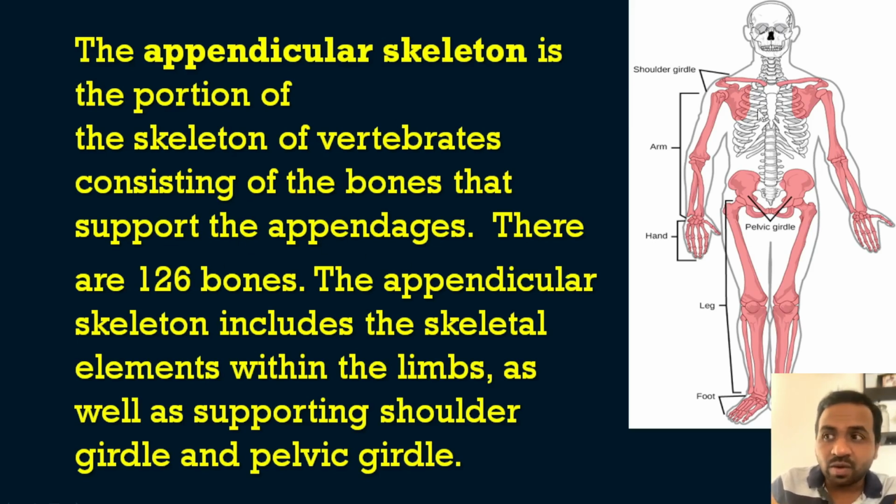There are a total of 126 bones in the appendicular skeleton, which includes the skeletal elements within the limbs, that means the upper limb, the lower limb, as well as the supporting shoulder girdle and the pelvic girdle. Together they form 126 bones. So that is the appendicular skeleton.